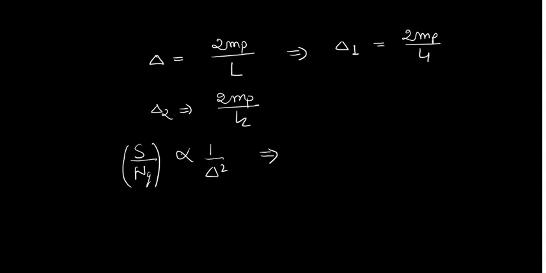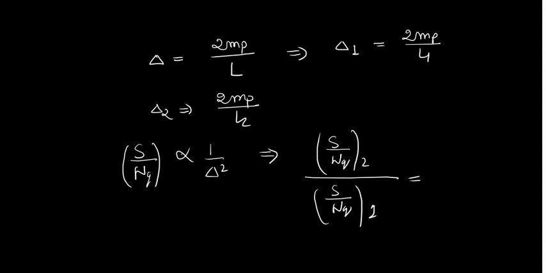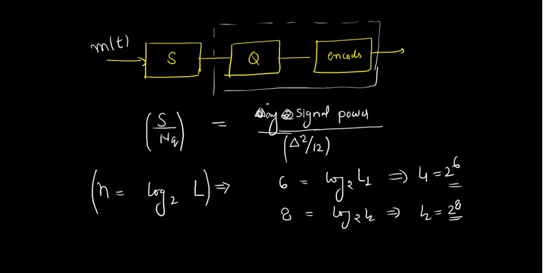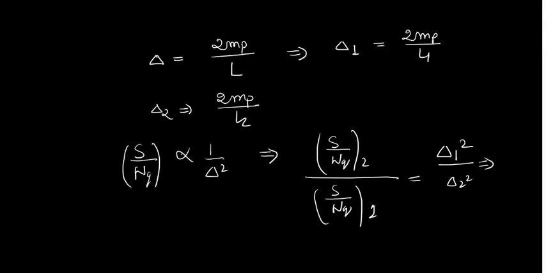So for the second scenario, the signal to noise ratio divided by the signal to noise ratio for the first scenario will be del 1 square divided by del 2 square, correct? So it will be L2 square divided by L1 square.